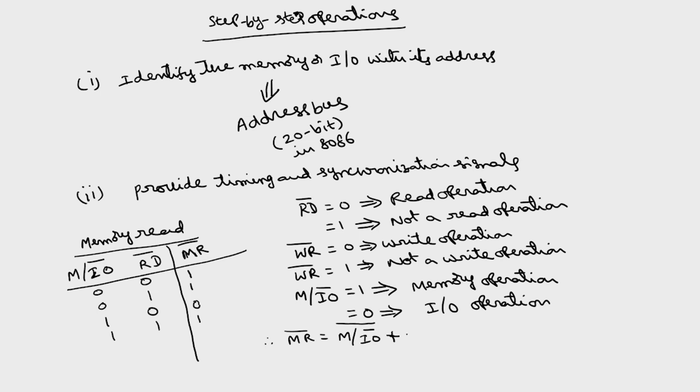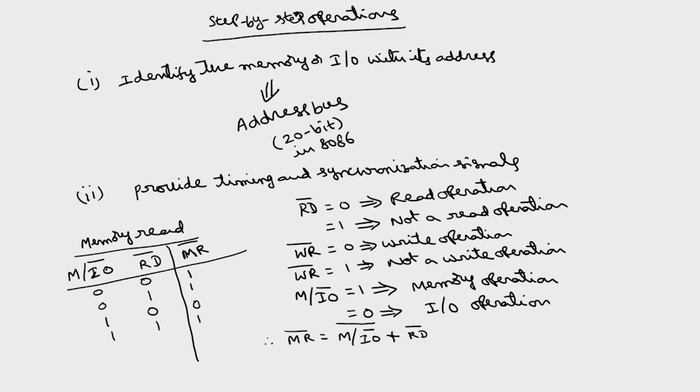RD bar is 0 means you have to take RD bar. So, using this signal you can generate memory read bar. If memory read bar is 0, then this will be 1. So, 1 plus anything is 1.